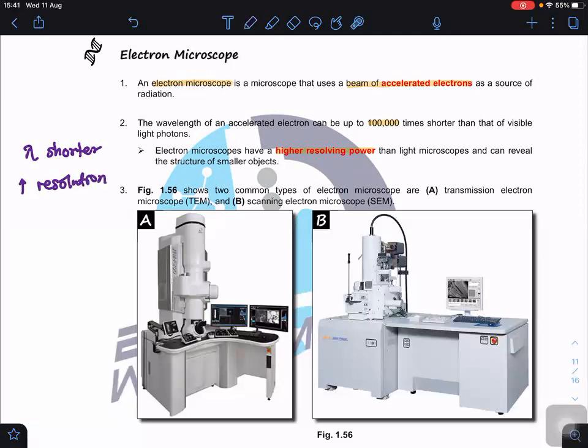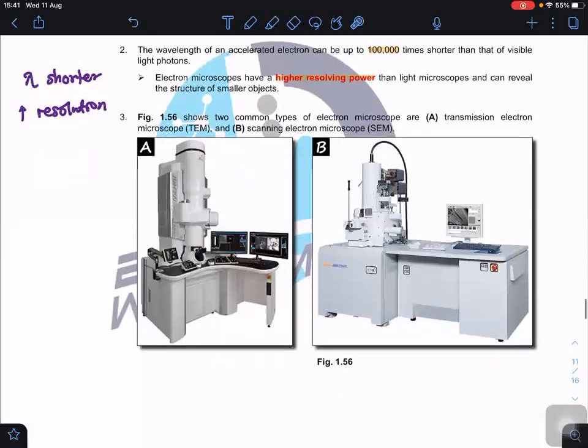We have two types of electron microscope: the transmission electron microscope, known as TEM, and the scanning electron microscope, known as SEM. If you look at the figure here, this is the ultrastructure, 2D basically. And this one scans the surface, so it gives us a 3D image.